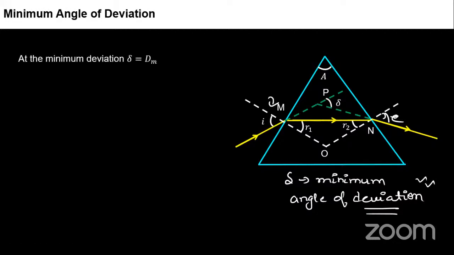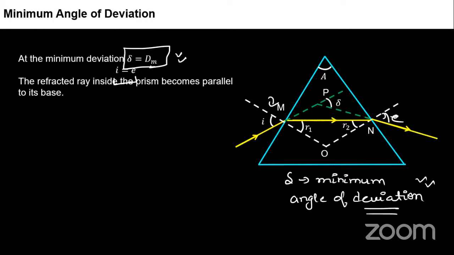At the minimum angle of deviation we say this is equal to dm, and i is equal to e here.